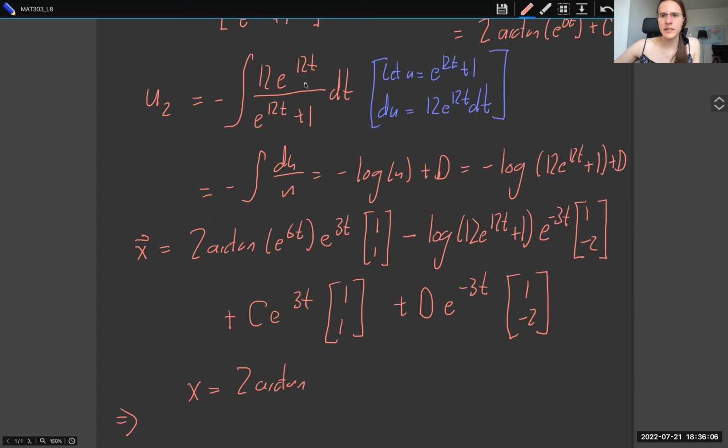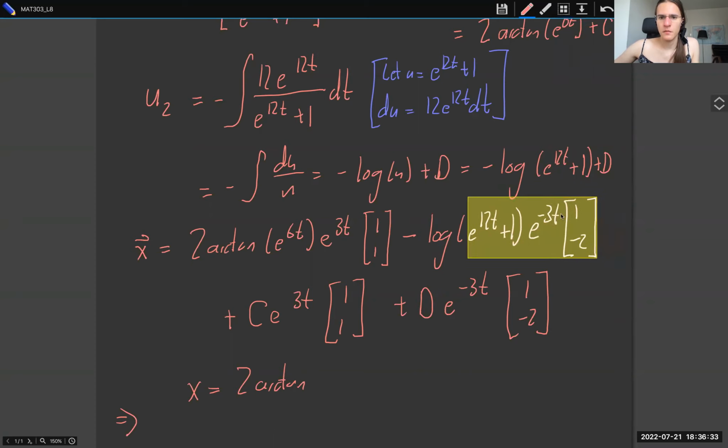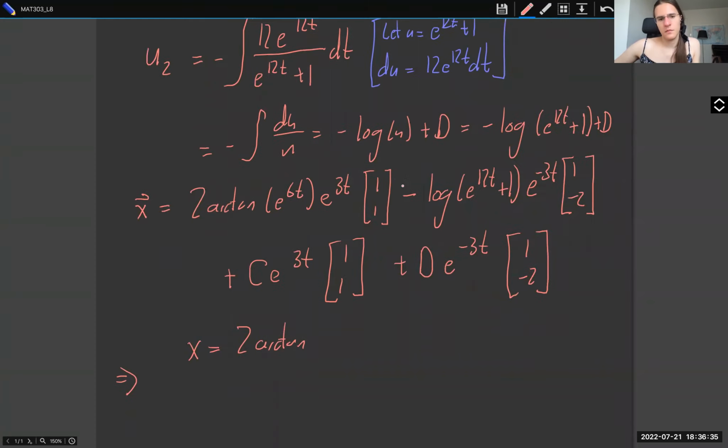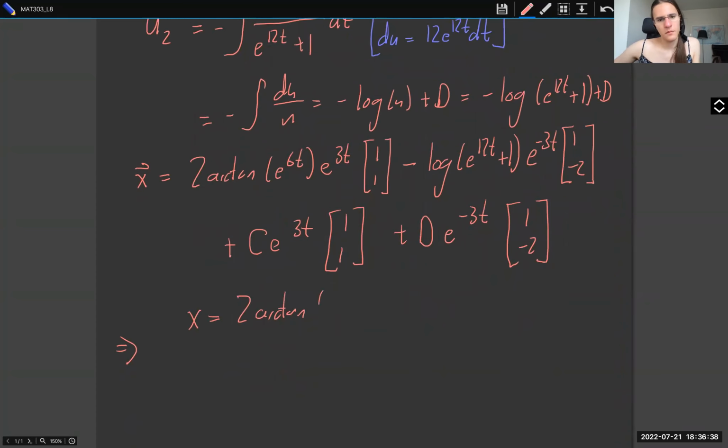Oh, did I write a t here? E to the 12t plus 1. Oh, I see. There's a 12 that appeared. Yeah, sorry. Yeah, that's good. Thank you. I blindly copied that over.